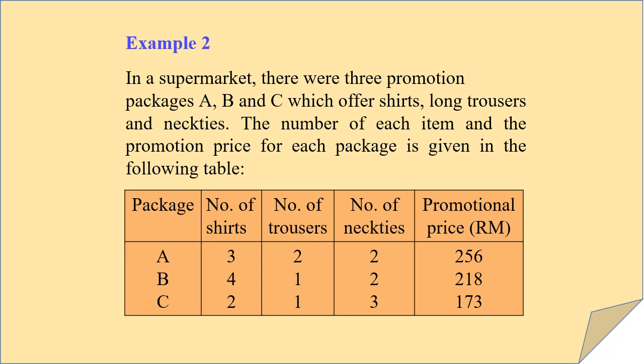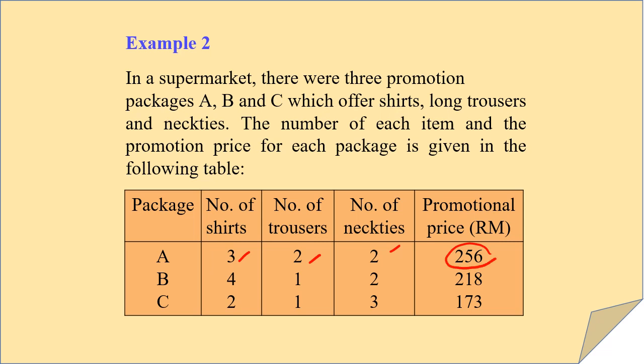In a supermarket, there were 3 promotion packages A, B and C which offer shirts, long trousers and neckties. The number of each item and the promotion price for each package is given in the following table. For package A, we have 3 shirts, 2 trousers, 2 neckties with a promotional price of 256.